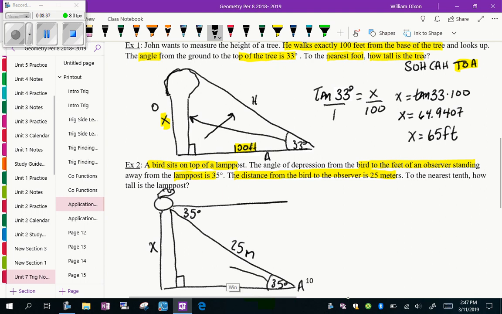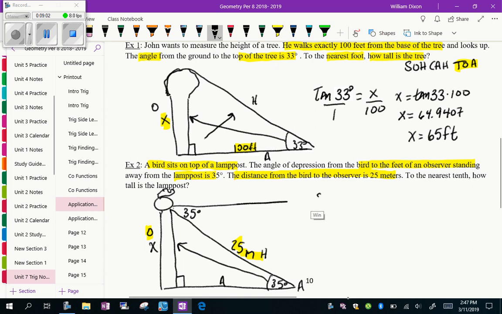So now I know my side opposite is what I'm looking for. And I'm given the hypotenuse. And the side next to it is the adjacent. So the trig ratio that deals with opposite and hypotenuse is going to be sine.